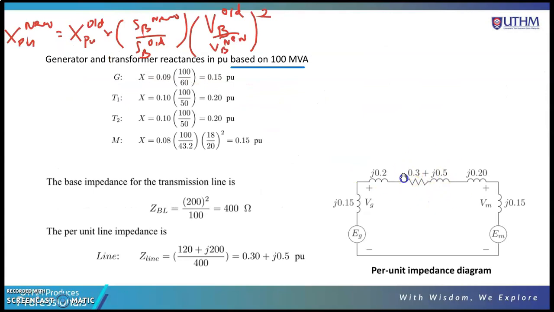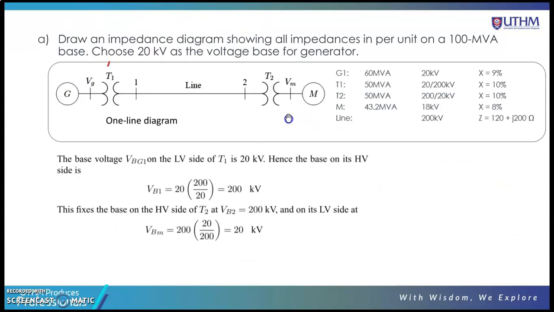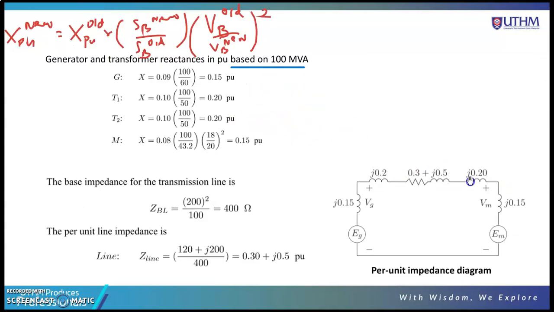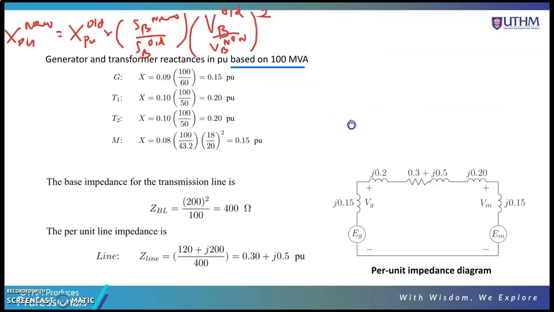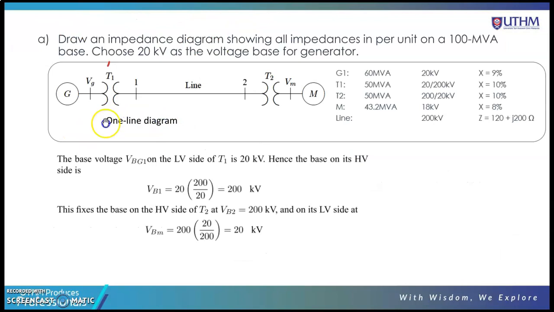This is the X per unit of the transmission line, and then this is the X per unit of the transformer 2 connected to the X motor. Reactance of the motor per unit value, and then connected to the EMF of the motor. This is the impedance diagram of this one line diagram, or single line diagram.